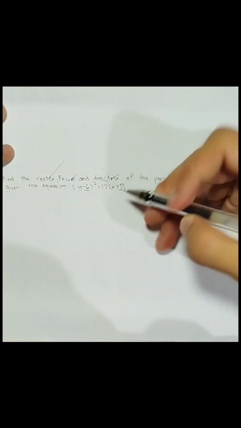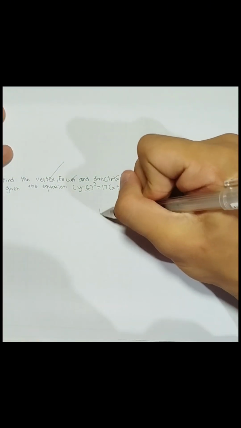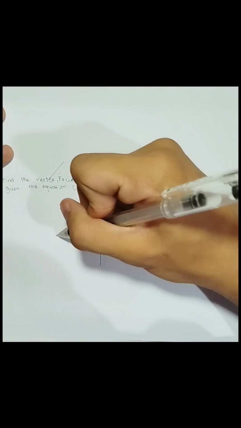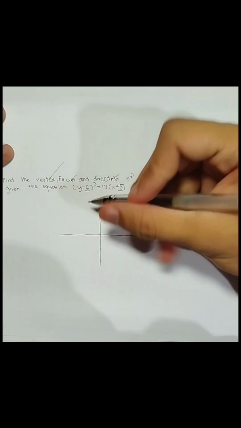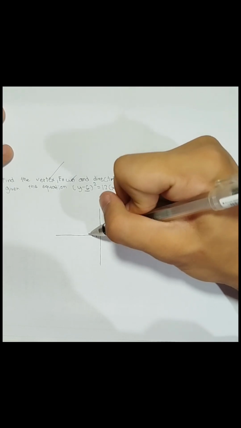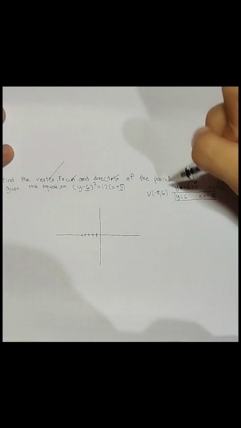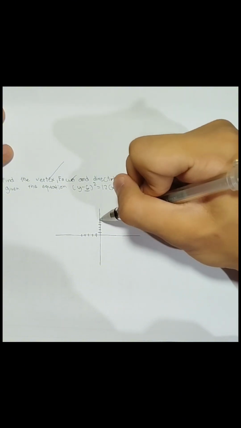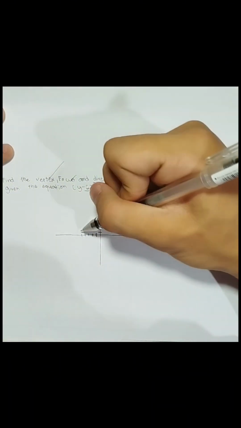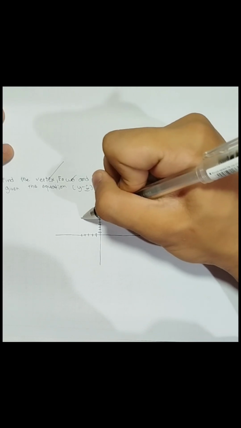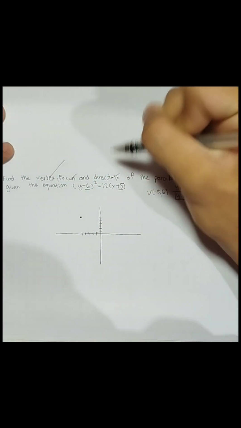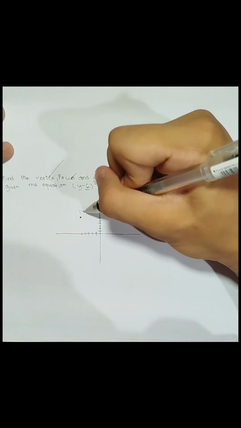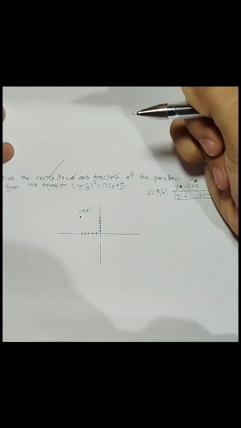So first things first, let's graph this. Our x is equal to negative 5 and our y is 6. If we go to this point and this point, it will be right about here. Negative 5 and 6. Okay.